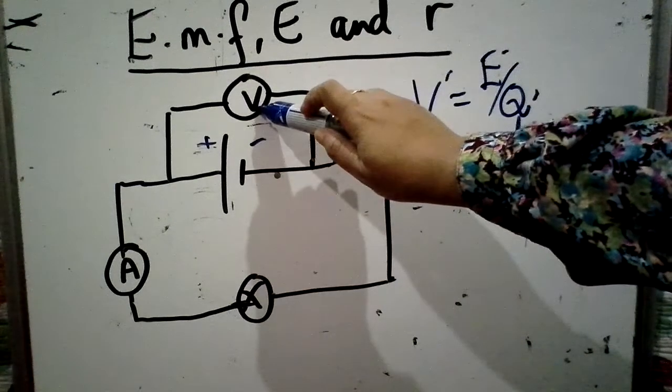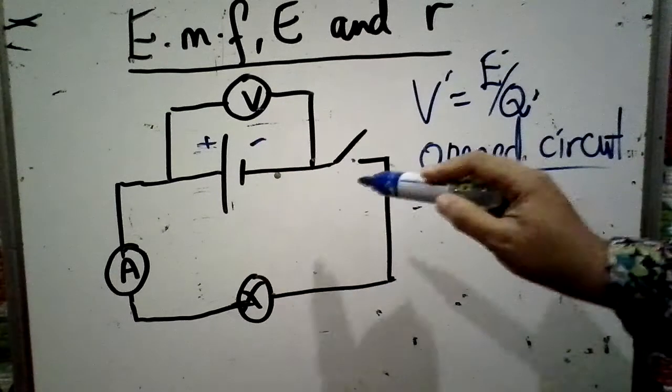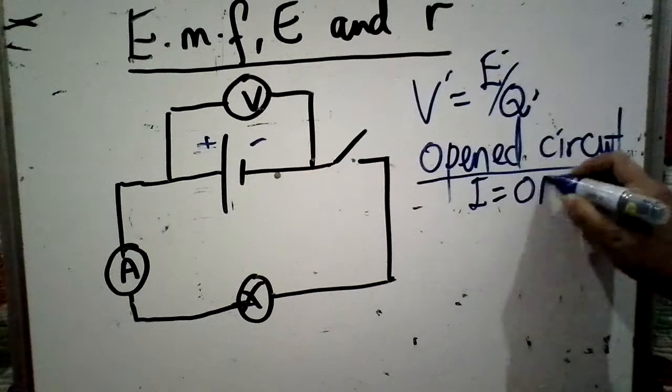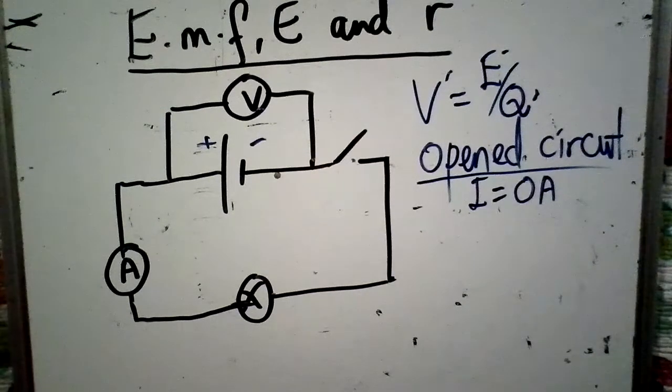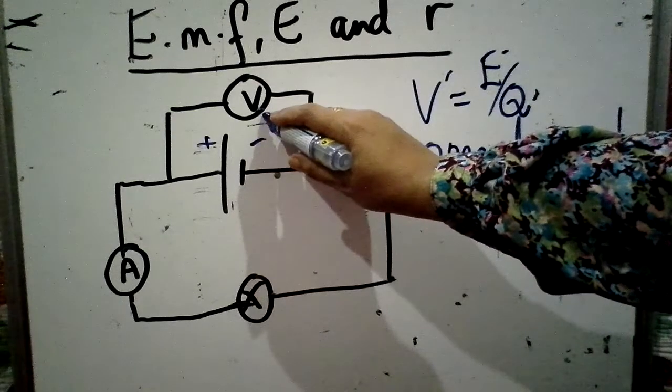The voltmeter does not allow current to flow, high resistance. So for this circuit, there is no current flow, meaning I equals 0. So once we have an open circuit, meaning no current flows in the circuit, can the voltmeter measure something? Can.